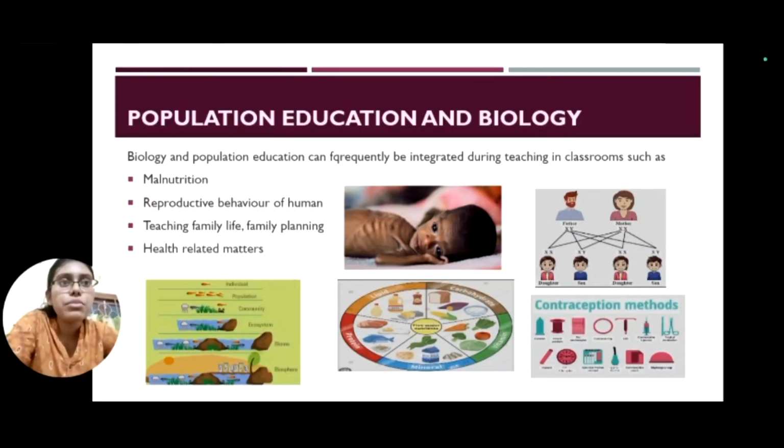For human population, biology explains growth, composition, distribution, and interactions with environment. It also deals with birth rate, death rate, fertility, mortality, reproductive health, genetics, and ecological balance.